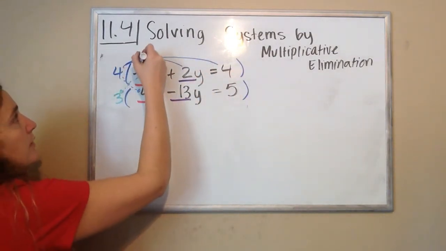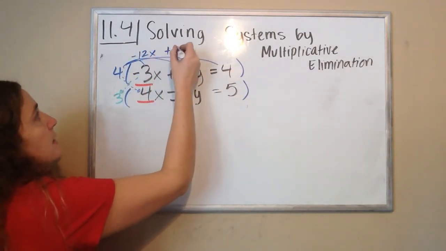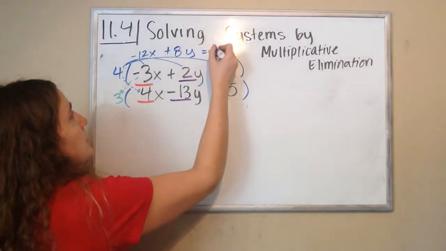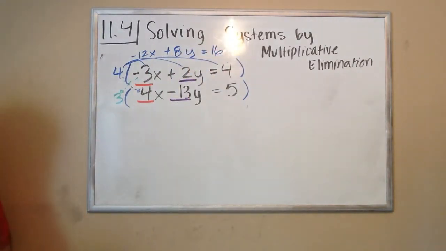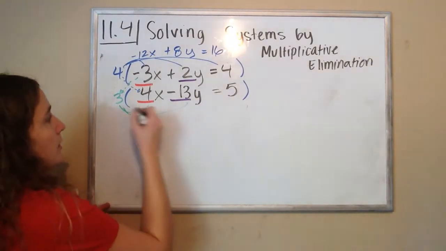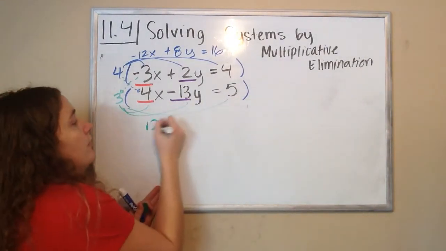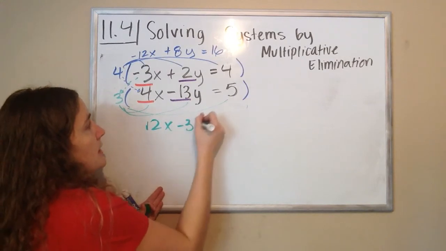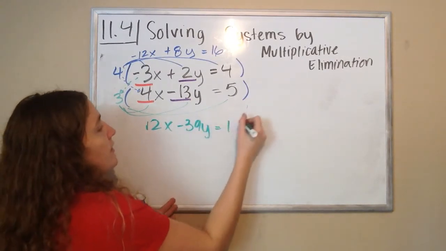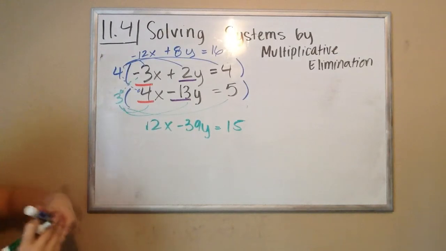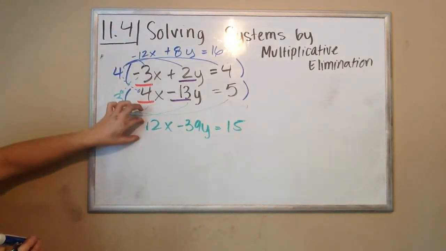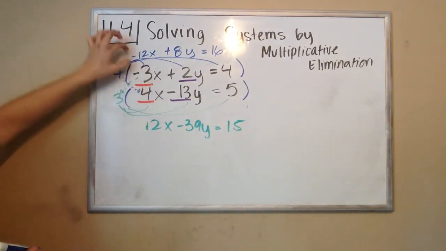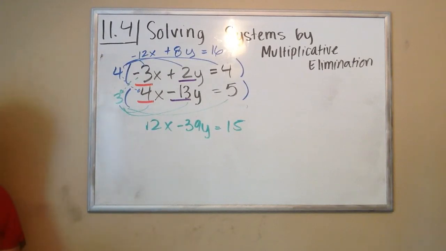We get negative 12x plus 8y equals 16. Okay. Let's watch the bottom one. We get 12x minus 39y equals 15. Okay. Negative 12x and positive 12x, those are opposite, so they will cancel.